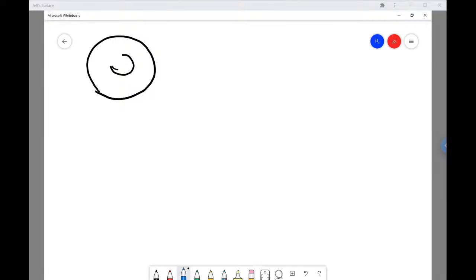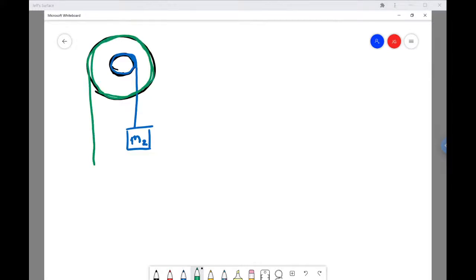This one's got a string wrapped around it, and the mass hanging down on this side, call that M2. And the outer wheel has a string wrapped around it and a mass hanging down on this side called M1.